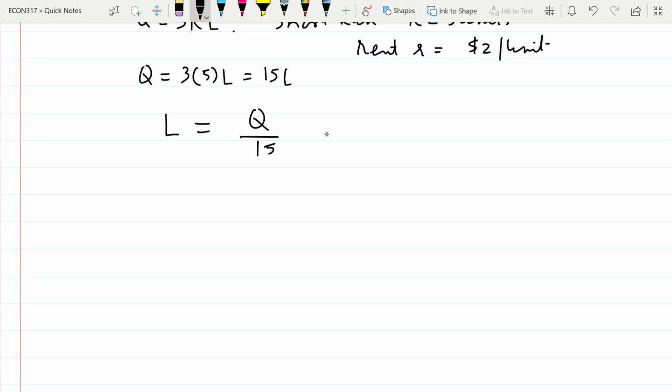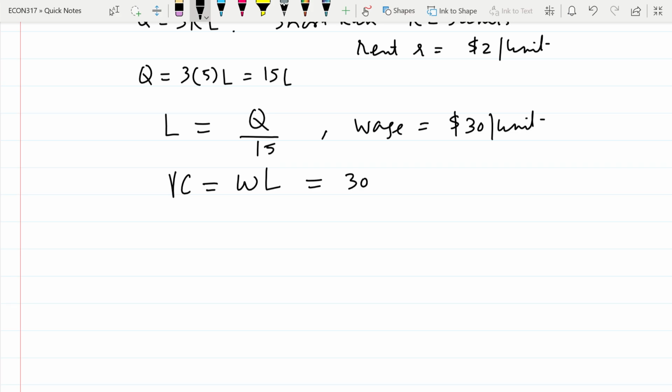Now I will also assume the wage rate for the labor to be $30 per unit. If I look at the variable cost of producing output Q, this is the amount I have to spend on the wage bill, which is the wage rate W multiplied by the amount of labor input needed to produce output Q. So I have $30 per unit.